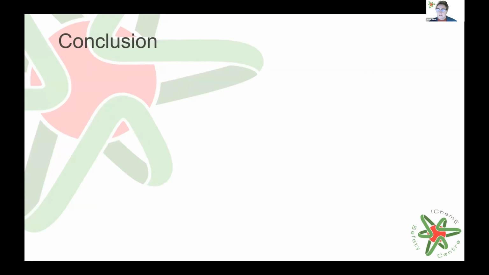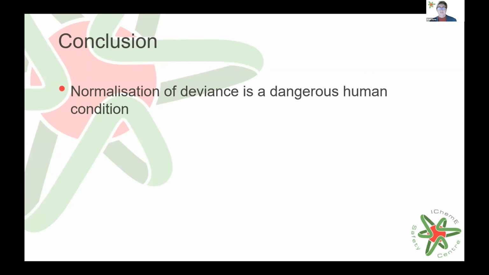So the fact is that normalization of deviance is a very dangerous thing that we can do. And as humans, we do it all the time. It's that little creeping change that we keep doing, and then we stop even noticing that we're doing it. So it might be that little bit going over the speed limit, just a little bit each time. You don't get caught, nothing happens.